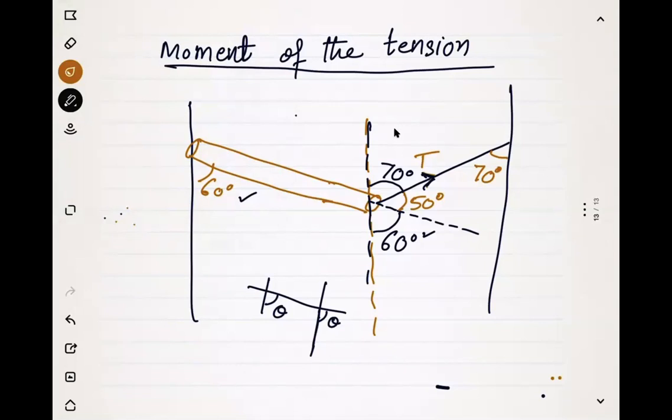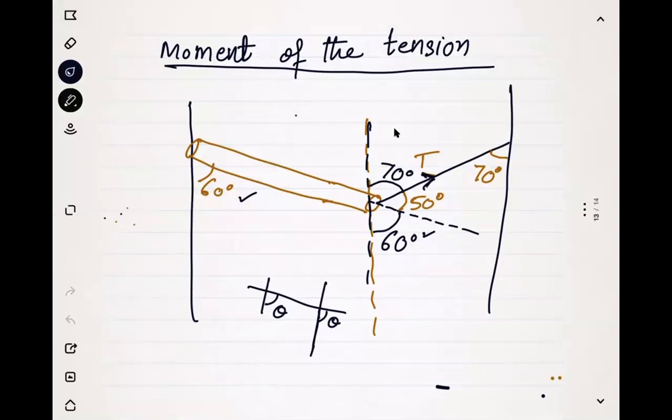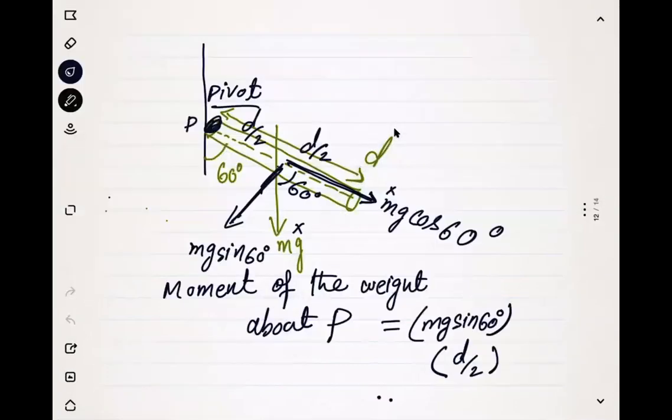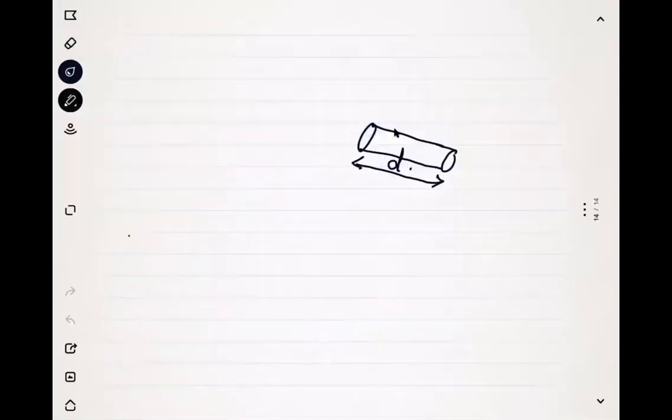So once you have found the angle, the next step would be to resolve the force. For example, this is the object, whose gap or length is d, and the force is the tension in the rod.